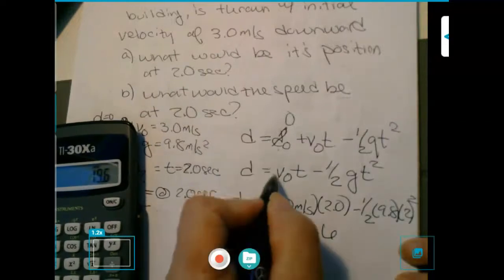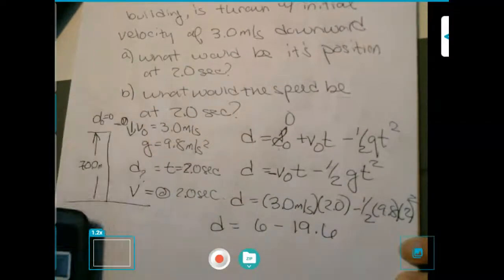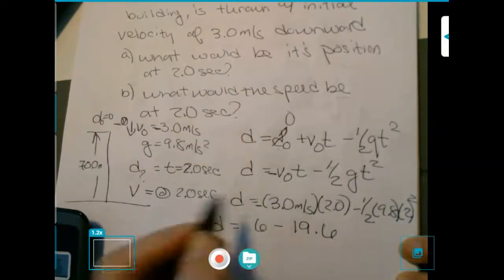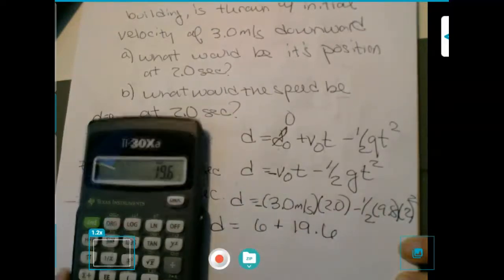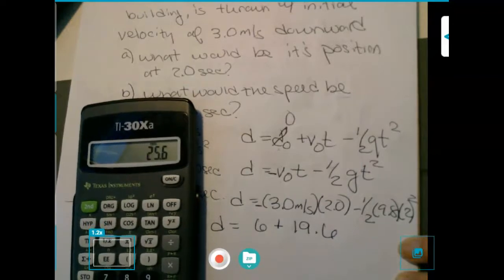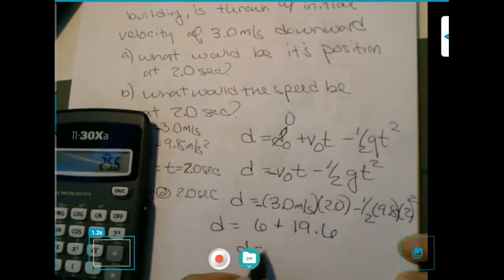Oh, and the velocity is also in the negative direction. I'm sorry, I forgot that, because I know we're supposed to be adding these. So this would be a negative and a negative, so you're going to add those. So d is going to be 25.6 meters.